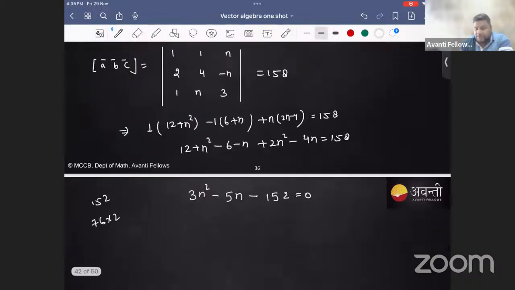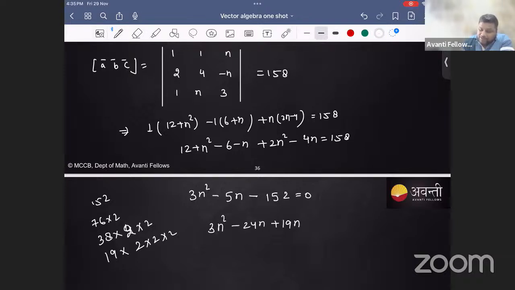That is 76, 38 into 4. That is 38 into 2 into 2. 19 into 2 into 2 into 2. That is 24 and 19. So it is 3n square minus 24n plus 19n minus 152 equals to 0.